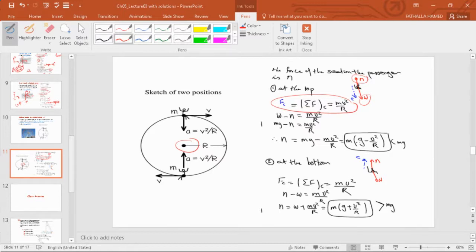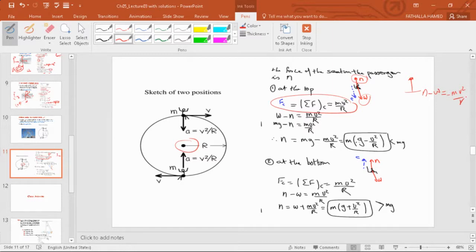Now in this case, vertical, or you can say y, you have two choices. You can say that the positive is up. So you'll say the normal force minus the weight should equal the net force, but the net force is toward the center, so you say minus mv squared over r.